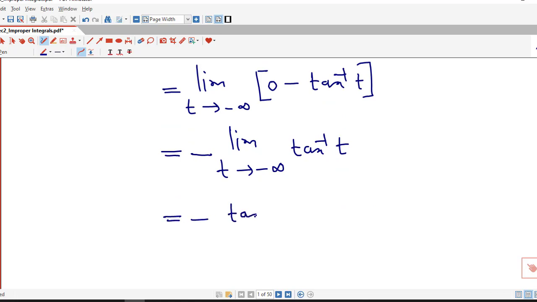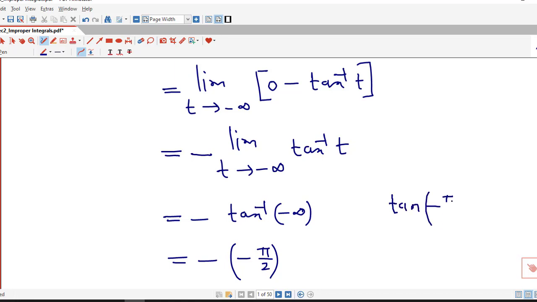If t tends to minus infinity, we have tan inverse of minus infinity, which is minus pi by 2, because tan of minus pi by 2 is sine of minus pi by 2, which is minus 1, over cos of minus pi by 2, which is 0.